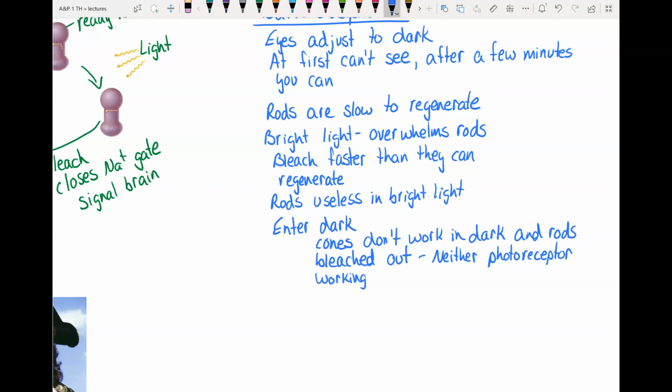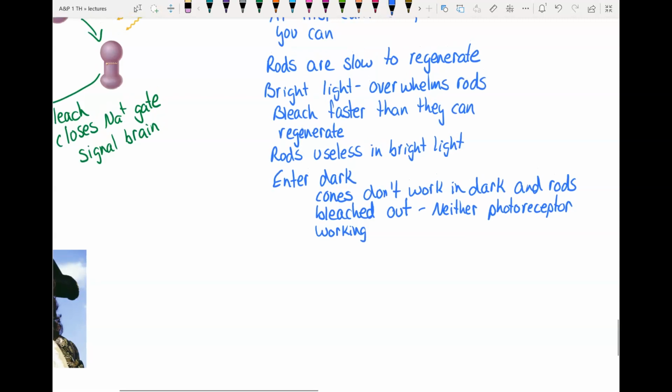You've got your hands out in front of you. You're trying to feel your way through, find your seat, not spill your popcorn, get into the movie theater. But then after a few minutes, your rods get caught up.